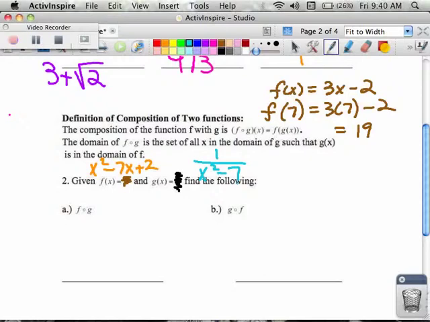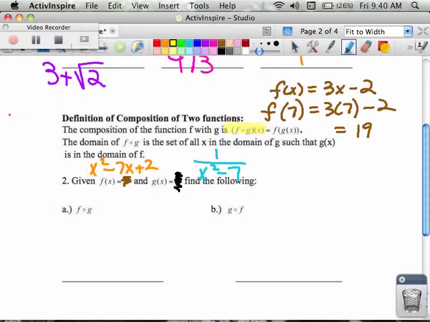Now there are 2 notations for composition of function. One notation looks like this, where they have f circle g and then an x. What that means is shove the g function into the x.